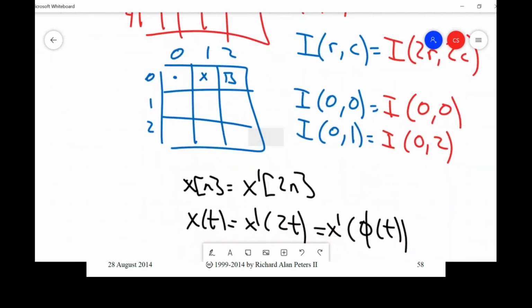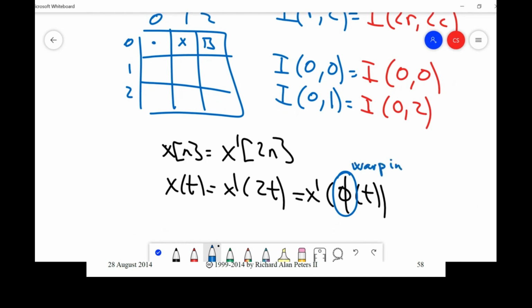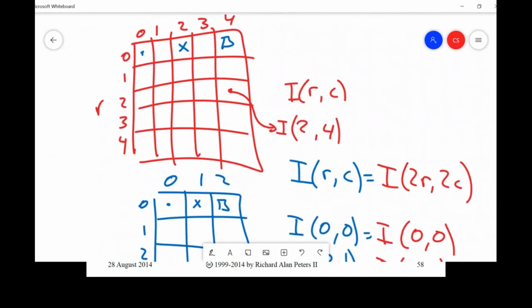This is what we called in the first presentation, let's make it blue again, these functions phi called a warping. A warping is a geometrical transformation. This one is particularly simple. This operation here is called decimation.